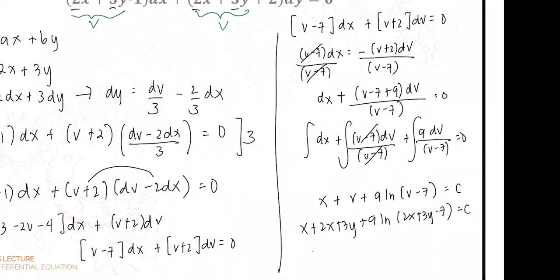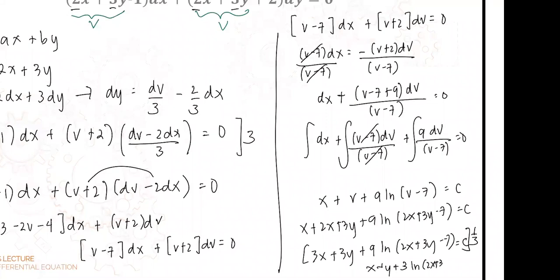So final answer will be 3x plus 3y plus 9 ln 2x plus 3y minus 7 is equals to c. Or pwede natin divide lahat ng side. Multiply natin by 1/3. Final answer will be x plus y plus 3 ln 2x plus 3y minus 7 is equals to c. So that will be our final answer for this particular problem.